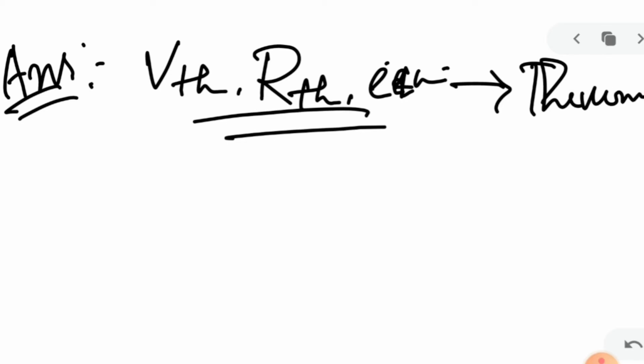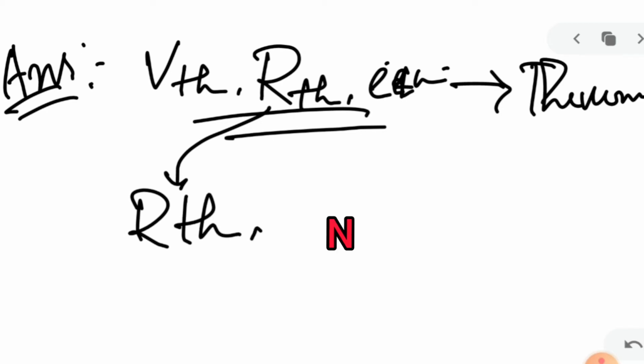And in Norton's theorem we need to find the RTH also, and the Norton's current. I will tell you how to find the Norton's current.